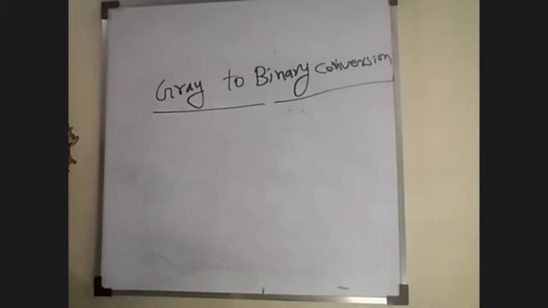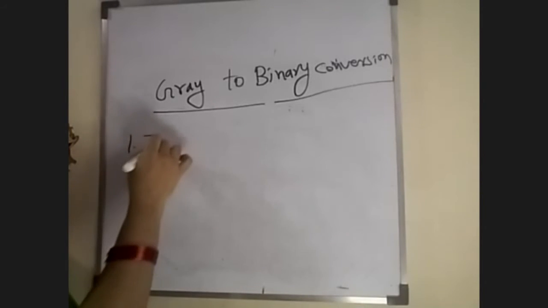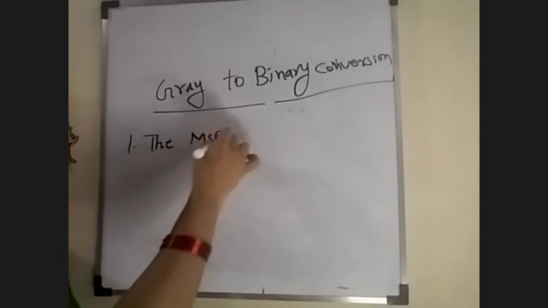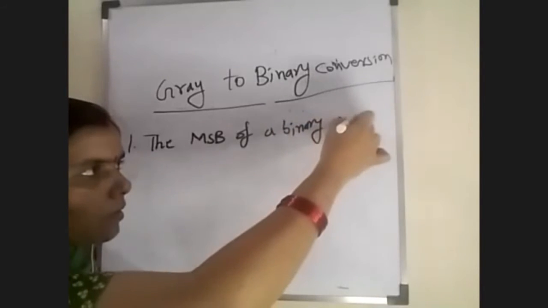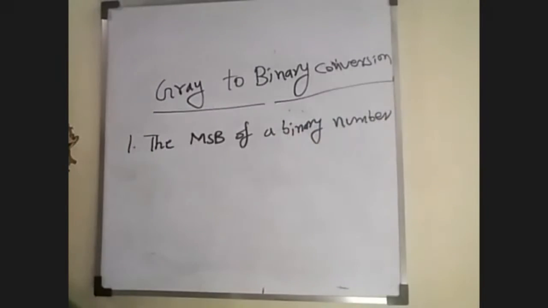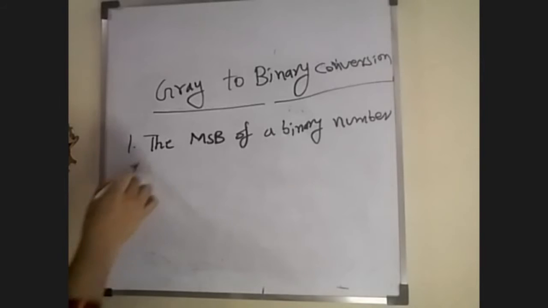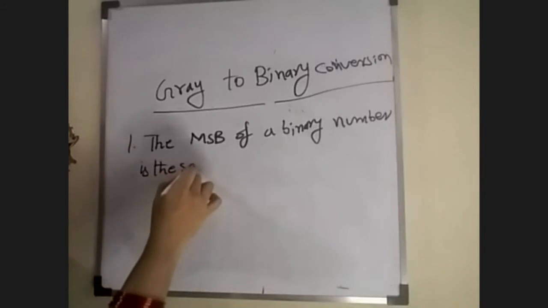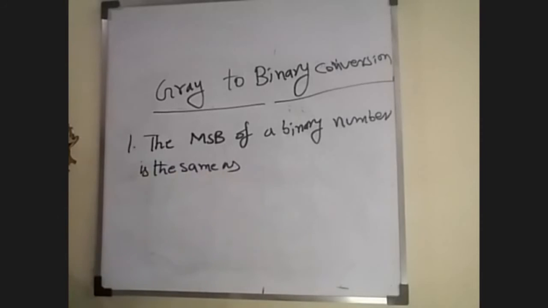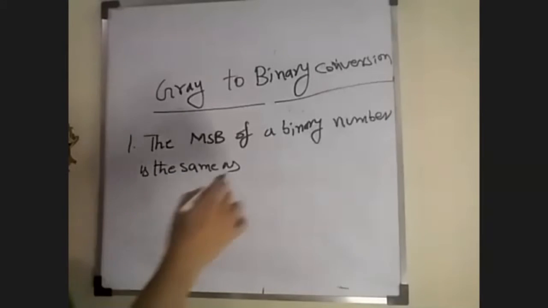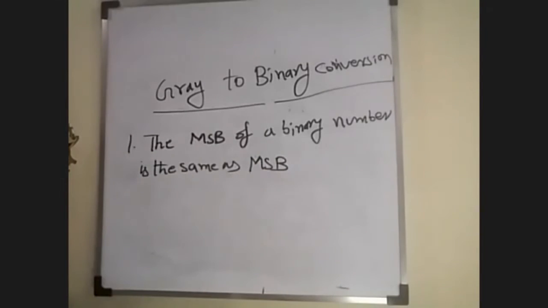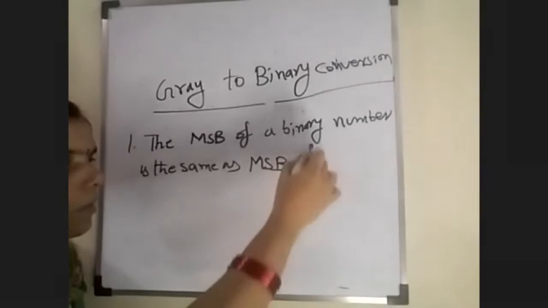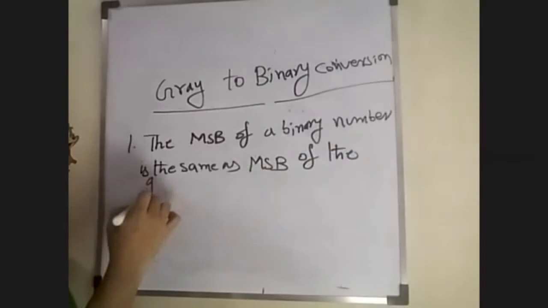The first step is the most significant bit of the binary number is the same as the most significant bit of the gray code number.